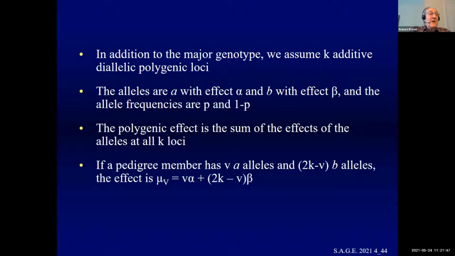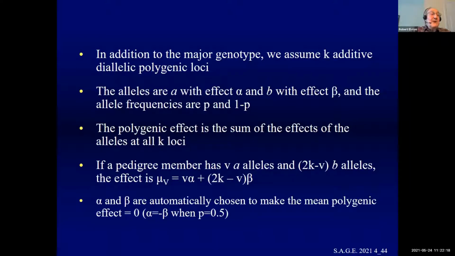If the pedigree member has V A alleles and 2K minus V B alleles, remember there are 2K alleles altogether, the effect is what we call mu V. It's V times the A allele effect plus 2K minus V times the beta allele effect.